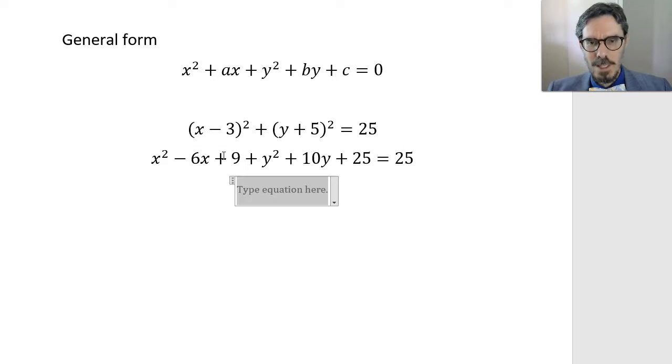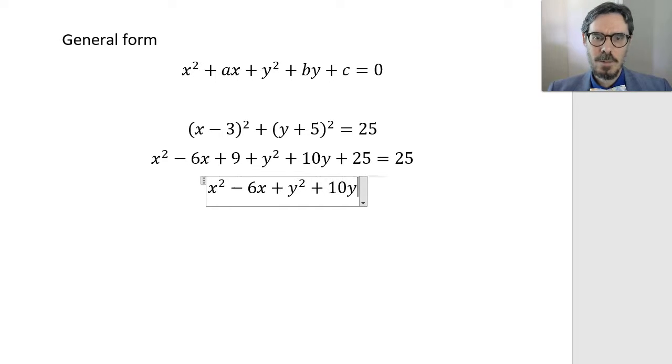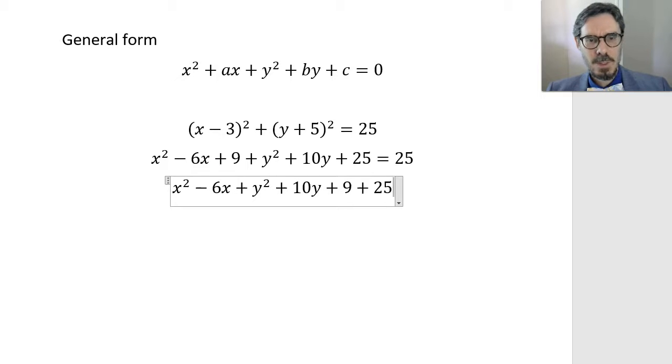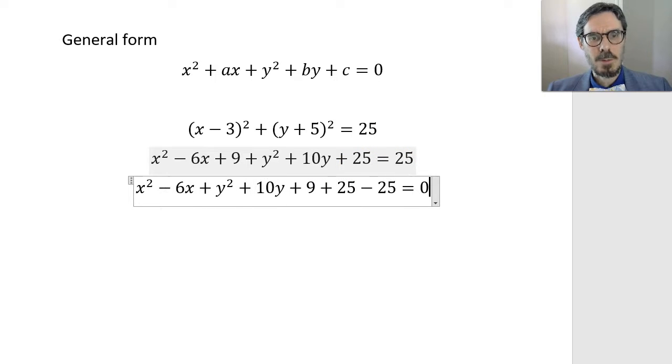Now I'm going to rearrange the terms. Minus 6x plus y² plus 10y. And then look at what I've got left. Plus 9 plus 25. And then I'm going to move this over to the left, and it's going to be minus 25 equals 0.